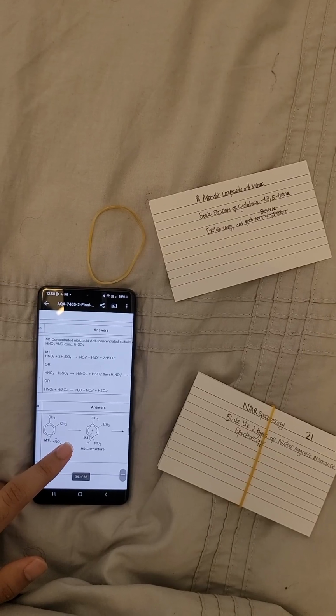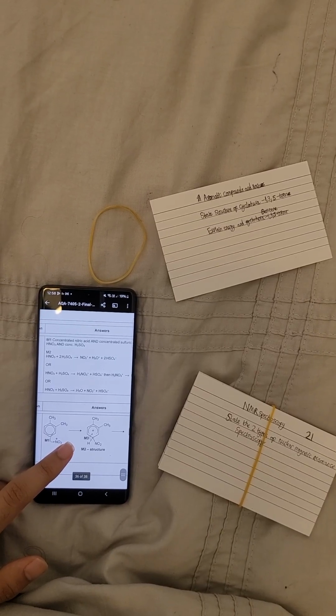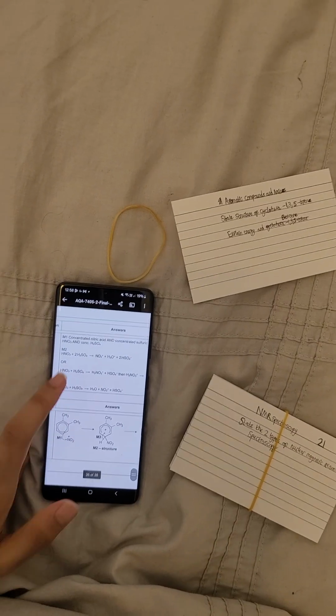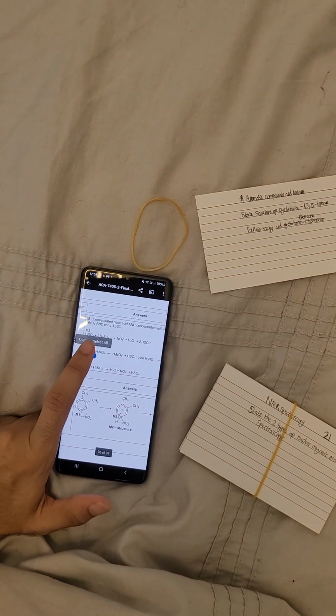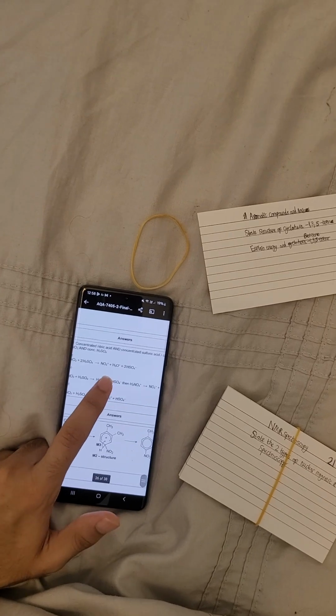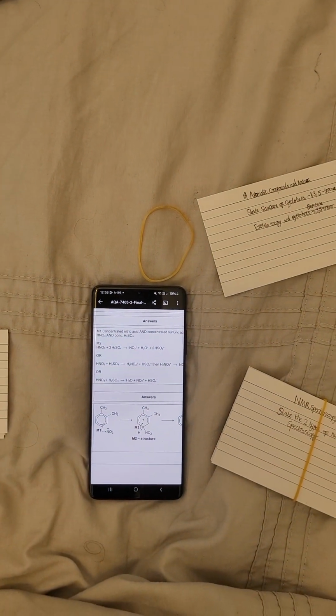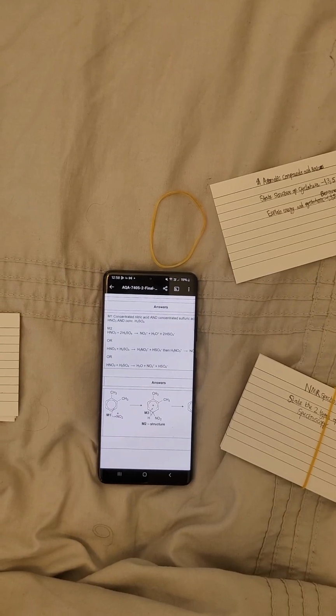Interesting. So what they want you to do is they allow you to copy and paste both equations, or you can just memorize one instead, where the H2NO3+ basically cancels out.